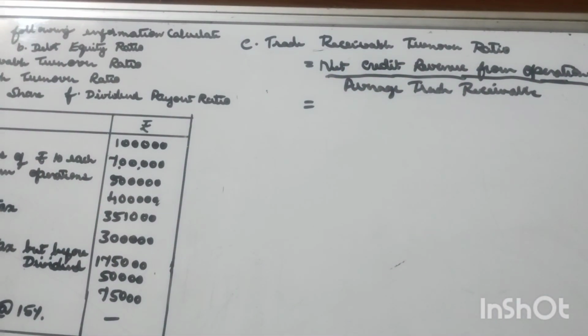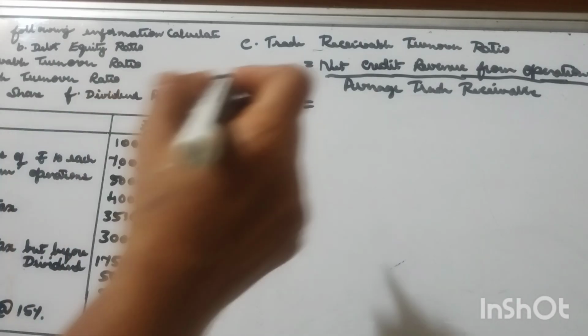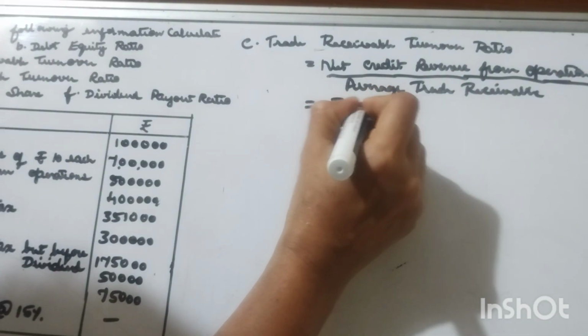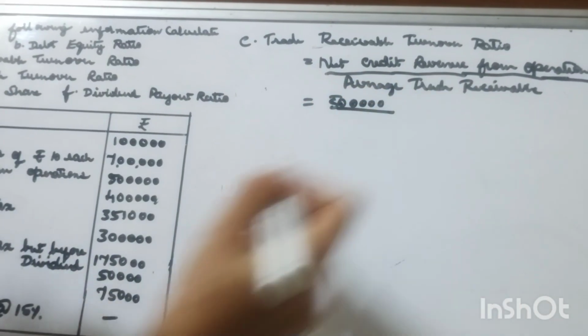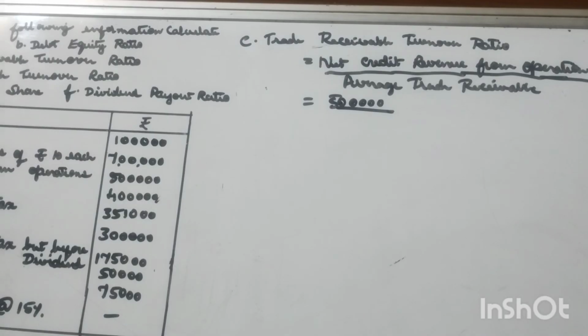Here, cost of revenue from operations must be treated as net credit revenue from operations, that is given as 5 lakh, divided by average trade receivable.